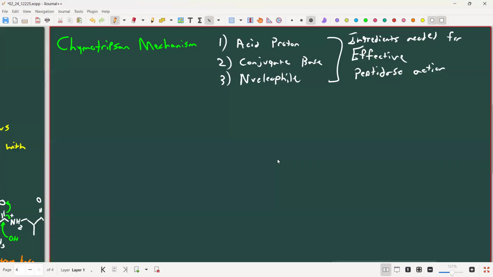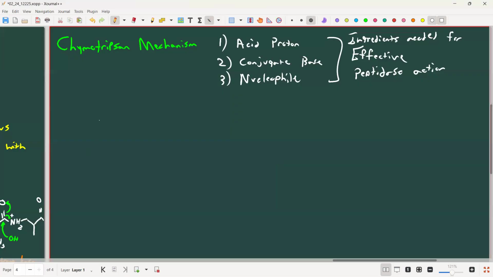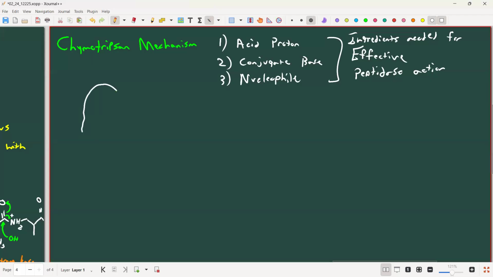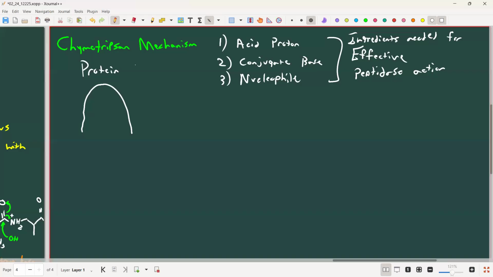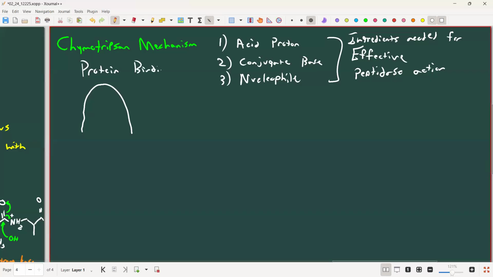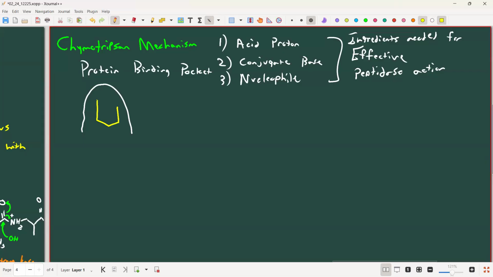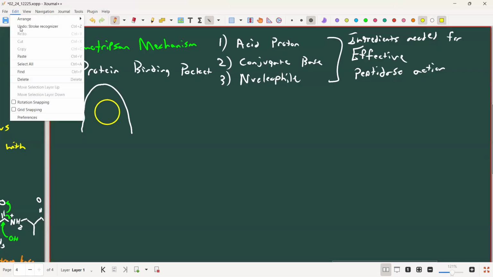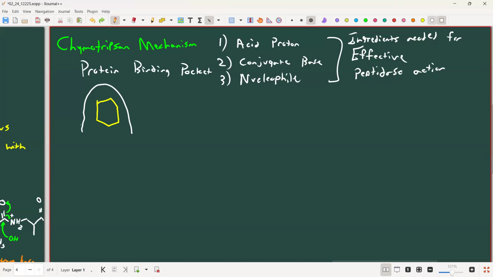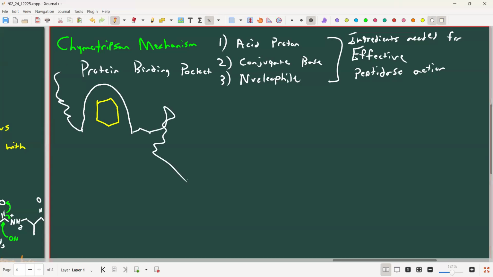So let's go ahead and draw that. You have your protein here. This is your protein binding pocket. And our tryptophan or our benzene or whatever it is, or phenylalanine, we'll just do phenylalanine, sits inside of this little pocket. And the protein can do all sorts of different things and so on and so forth.